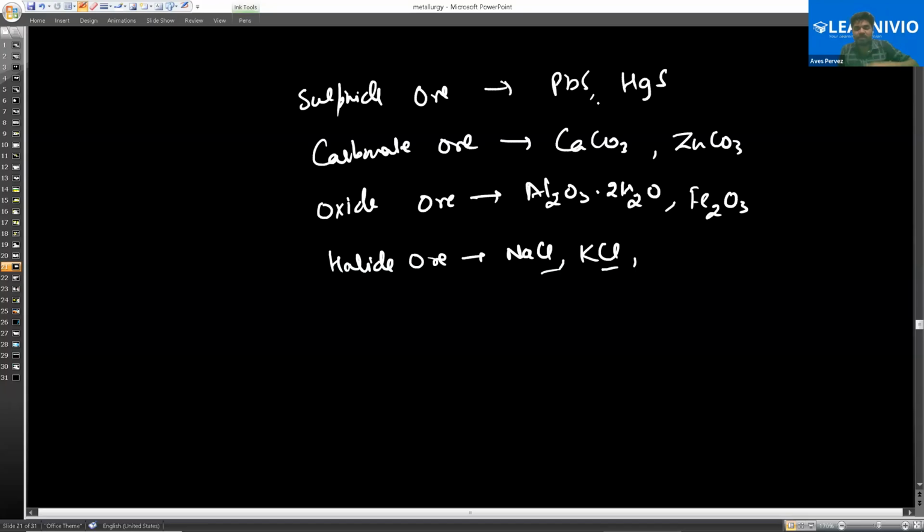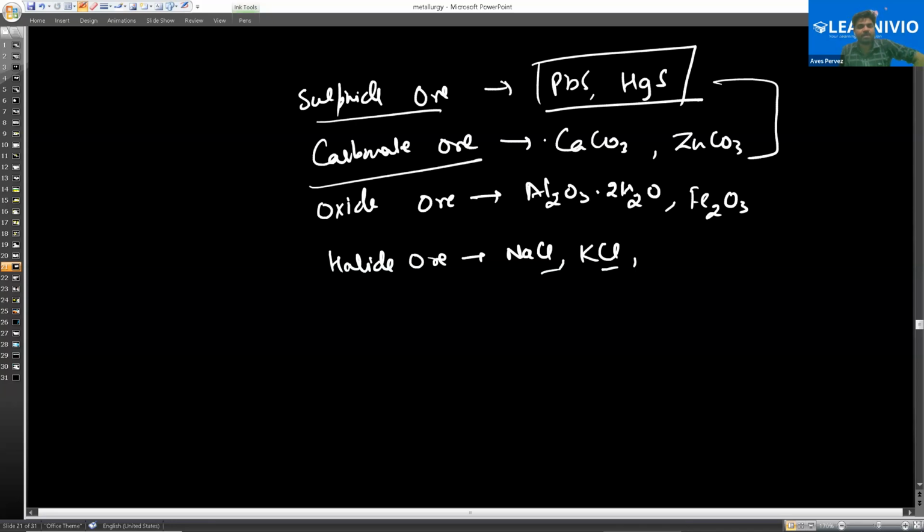Okay. Now, what we do here is we first convert these two ores, sulfide ores and carbonate ores, into their oxide forms, like PbS by roasting. It gets converted into PbO plus sulfur dioxide.